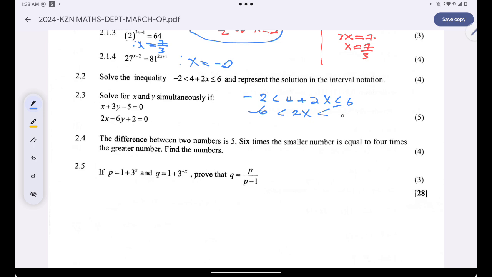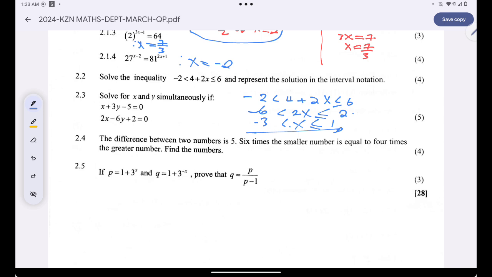Then I'll have negative 6 and 2 here, because negative 2 minus 4 will give me negative 6, and then 6 minus 4 will give me 2 on the right hand side. Then I'll divide everything by 2. I'll be left with x here, and 3 and 1 here. All together.